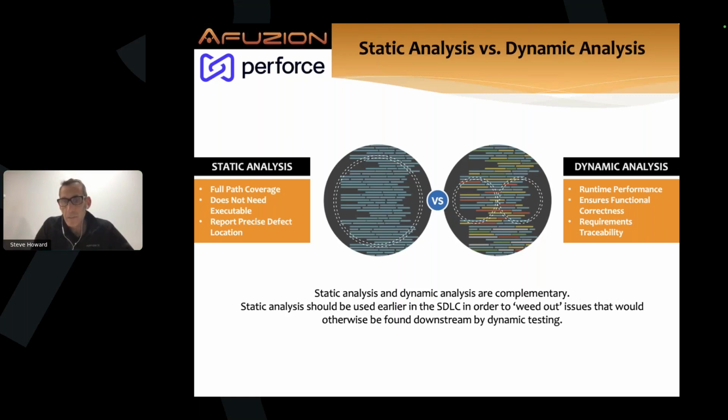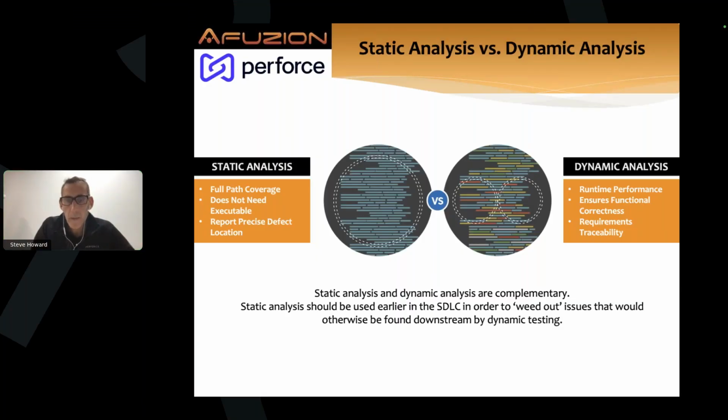It's not as good with the human writing those tests at detecting the things we didn't expect or didn't think about. Whereas static analysis will run all of those negative test cases essentially and all of the unexpected paths and the error conditions as well as the positive conditions. It's running everything.